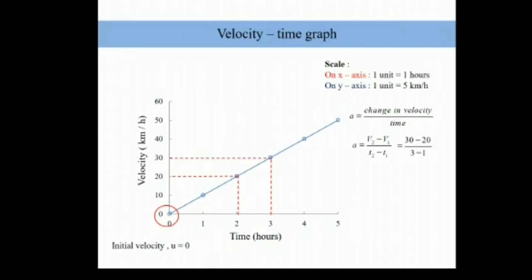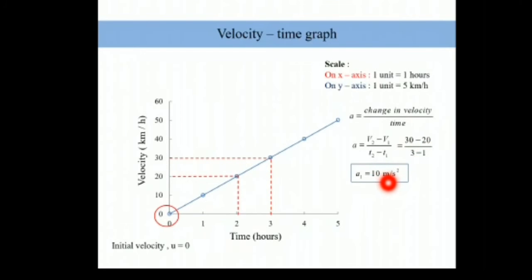The second time t2 was 3 hours, and the first time was 2 hours. So 3 hours minus 2 hours gives 3 minus 2, which is 1. Sorry, I earlier said it should be 2, but 3 minus 2 becomes 1, and 30 minus 20 is 10.